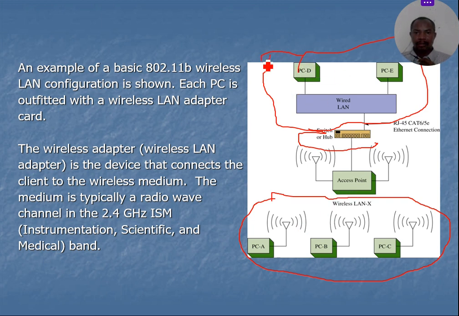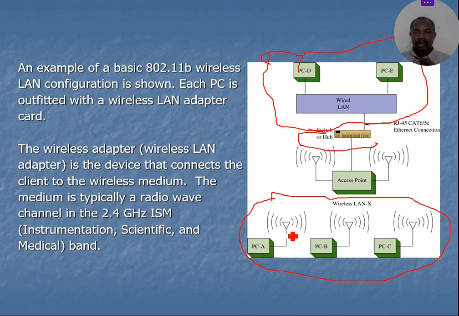So every PC has a wireless adapter that helps to establish a link to the access point, and from the access point it will determine where the message is supposed to go.